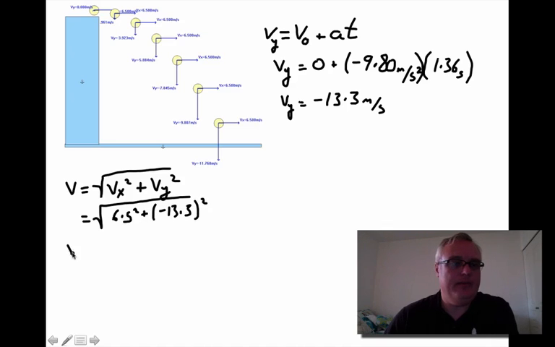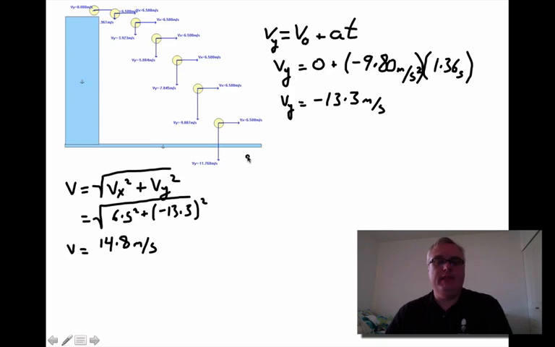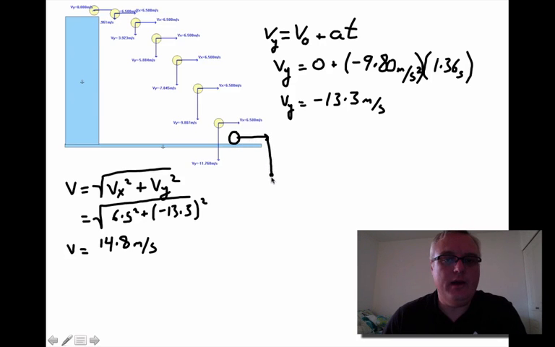And that ends up giving us a final velocity of 14.8 meters per second. Okay. Now, I said velocity, but that's not really the velocity. That's just how fast it's traveling when it's here, right? So we've determined the x and the y and the final v. So we've determined the magnitude of this vector.